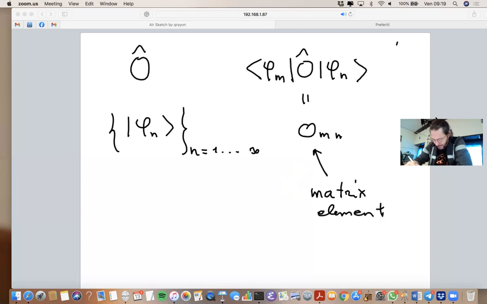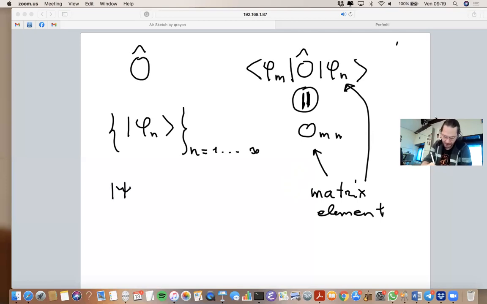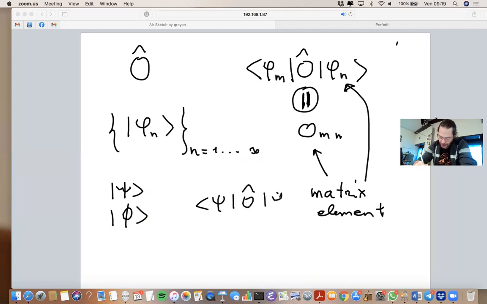So, because there is an equal sign here, also this guy here is called the matrix element. So given two states, the matrix element between two general states, say given psi and phi, I can always build psi, for instance, O phi. And this is called still a matrix element.